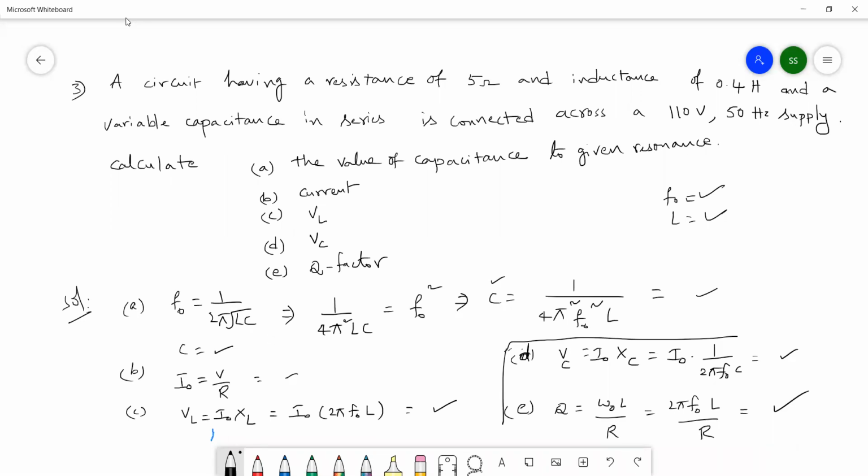So will you do it by your own, all of you? The entire procedure is on screen. You just need to substitute the numericals in the given formula. So all of you, will you do it by your own? Is the screen visible to all of you?